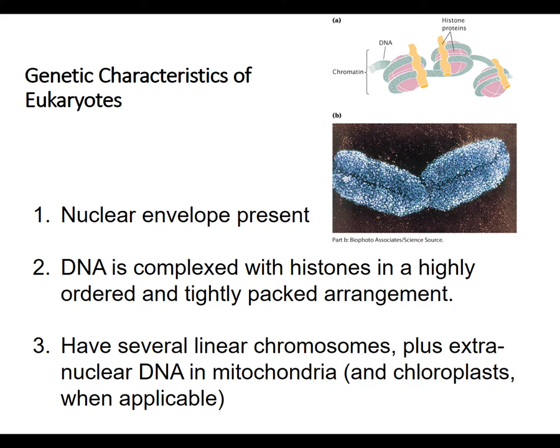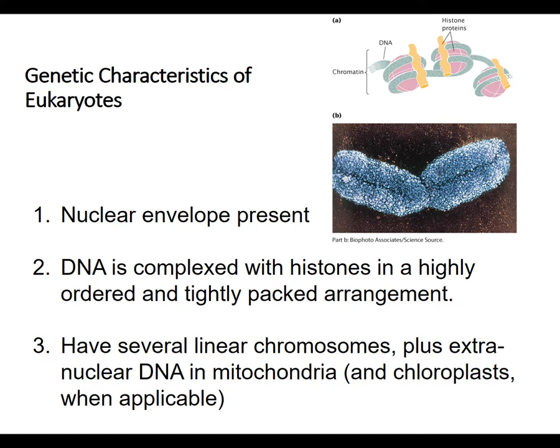However, most of our discussions in this course are going to circle around eukaryotes. And eukaryotes have a nuclear envelope surrounding their DNA. They typically have many linear chromosomes, not just one. And they have their DNA wrapped around histone proteins in a very highly and tightly wound arrangement.